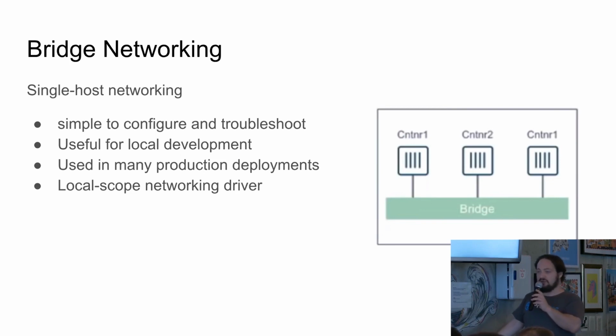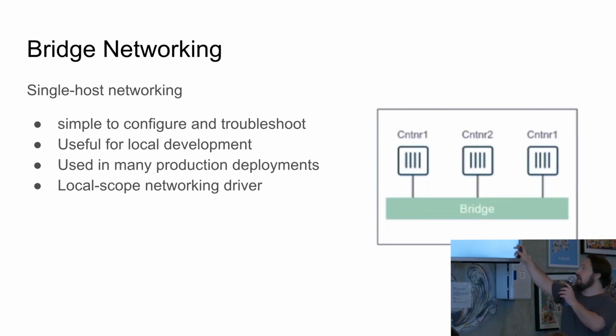What is Docker bridge networking? As I said, that's the default network you get when you run a container. It basically means that all the containers are connected to the same network. Like the router you have at home, all the computers that are connected can see each other, right? The same with containers over a bridge network.